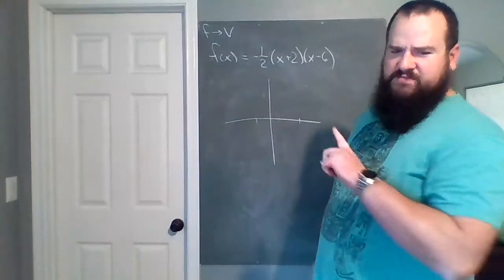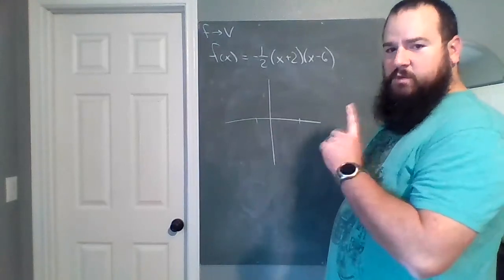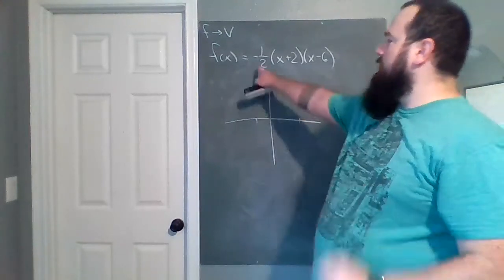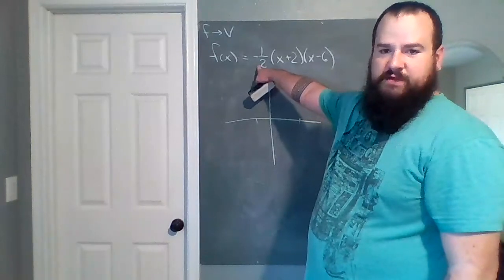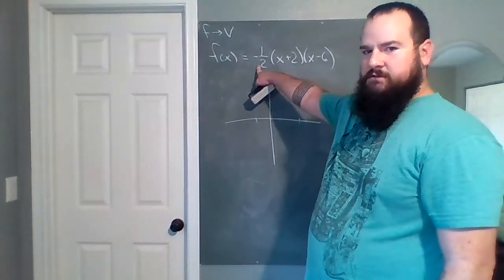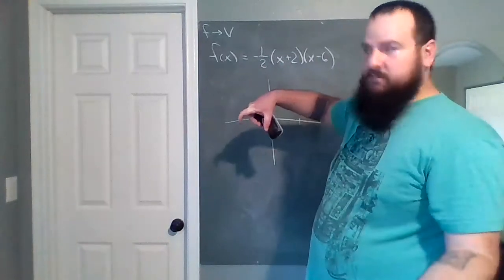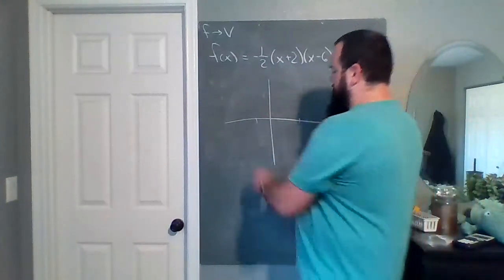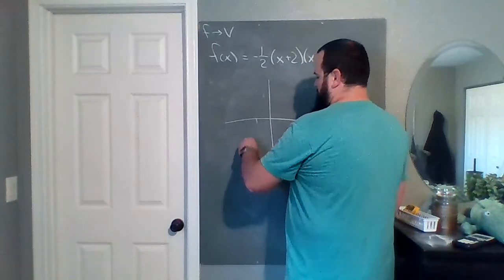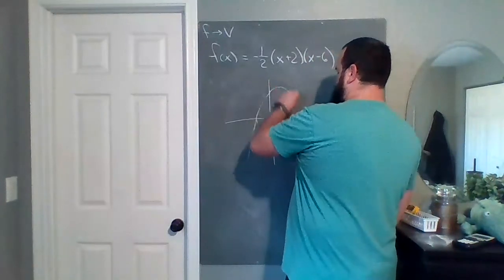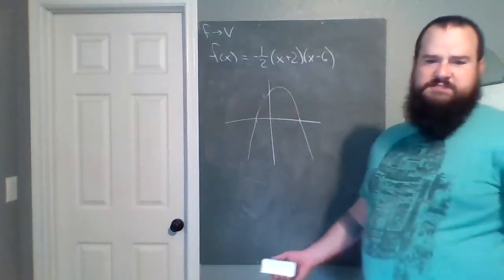Now here's the cool thing. What else do I know about this function just by looking at it? Well, I know a is -1/2. So what way does this open? Up or down? It opens down. So the graph roughly looks like that.